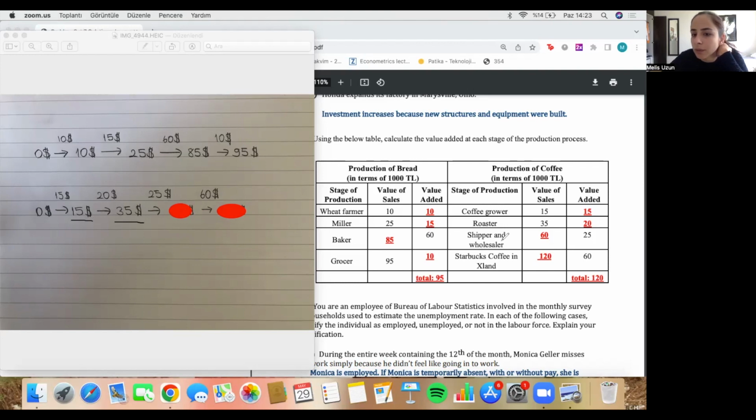Then the shipper and wholesaler bought it for 35, and he or she added $25. So 35 plus 25 is 60. Starbucks bought it for 60, and they added $60 too. So 60 plus 60 is 120. So this question is like this. Let me clear this up.